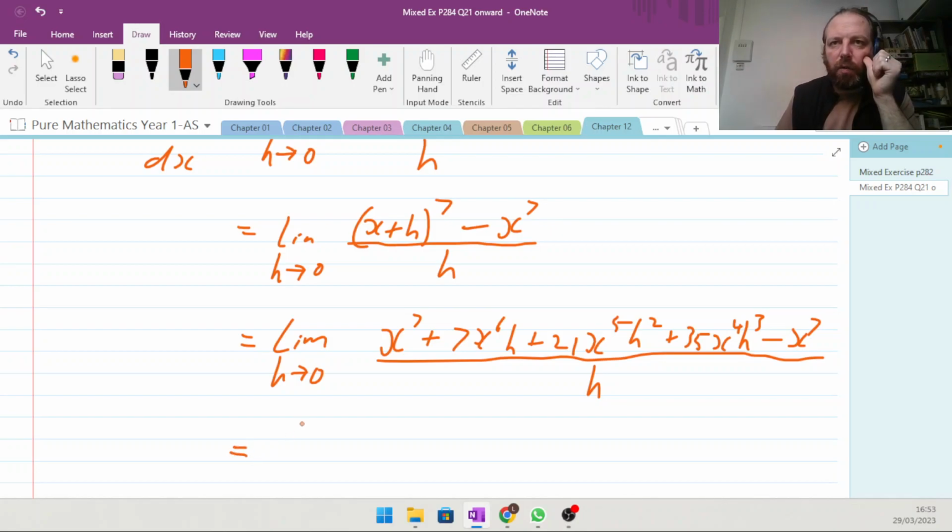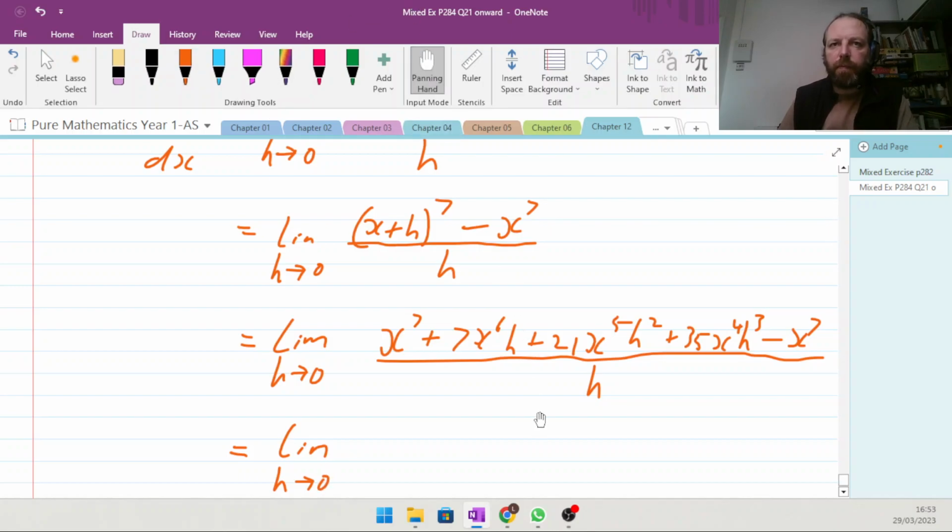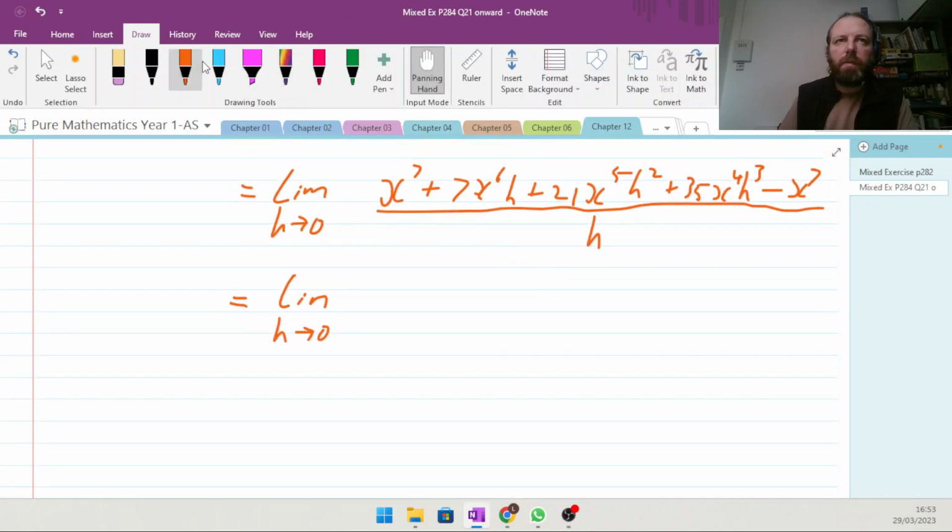And so, as we take that, we can tidy it up a bit. x to the 7 and x to the 7 cancel each other out. So we have the limit as h tends to 0.